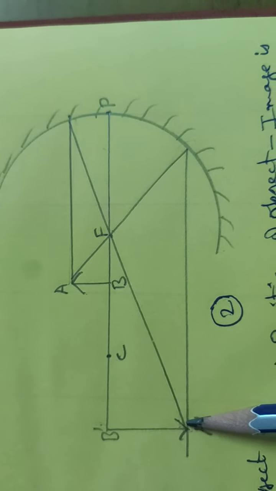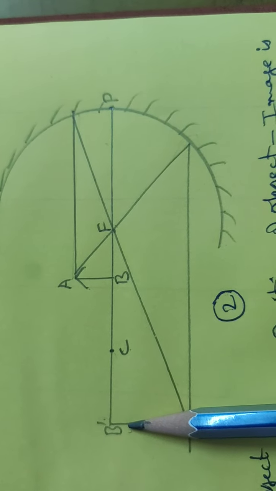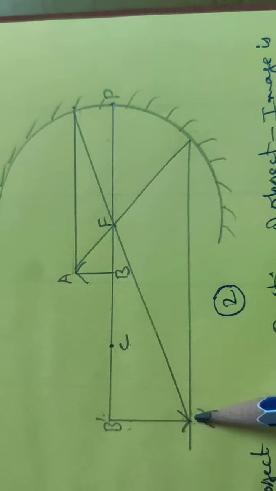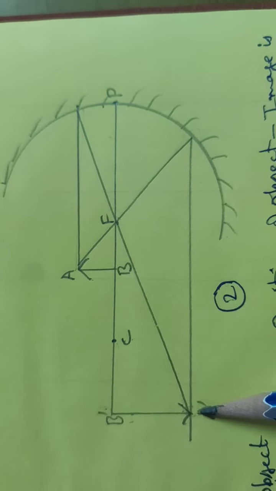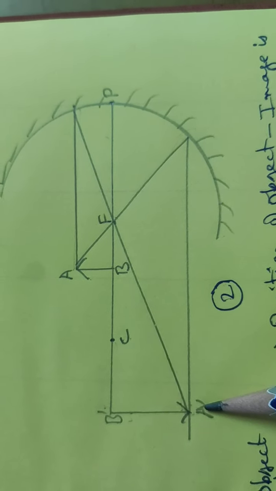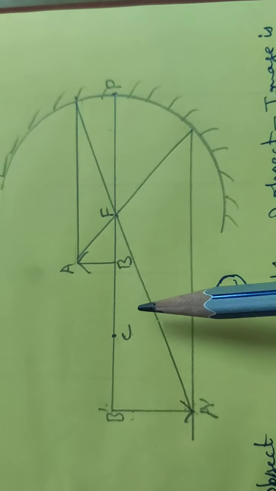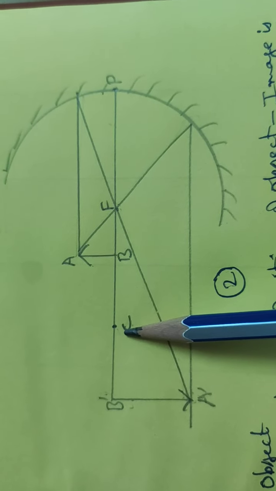It is also beyond the point of curvature. This is the second point. And thirdly, it is enlarged compared to the object. See, the object is so small and the image which you have got is bigger than the object. So this is the second condition, when you put the object between the focus and the center of curvature.